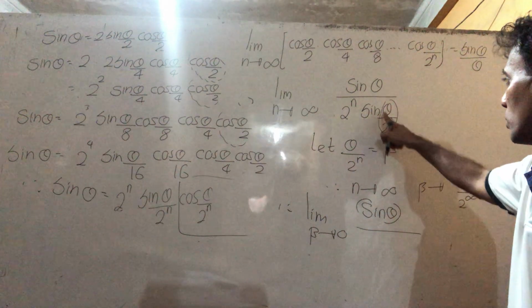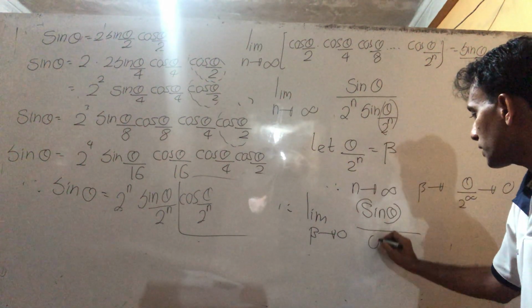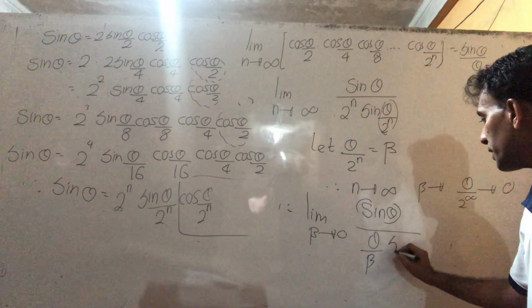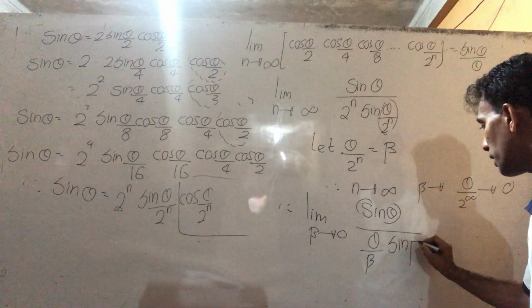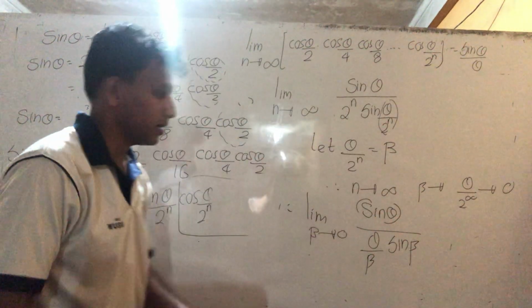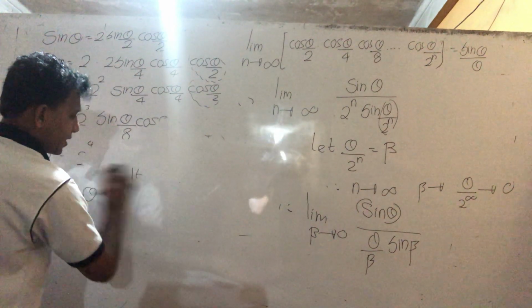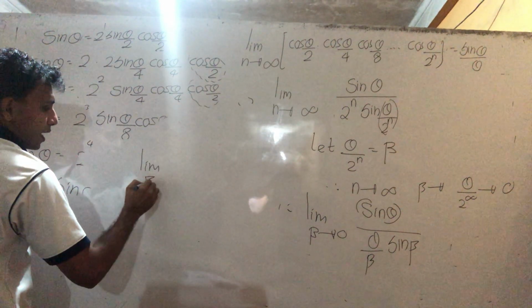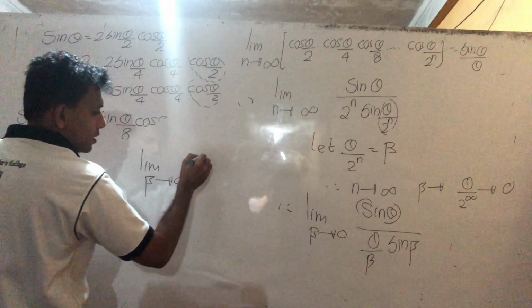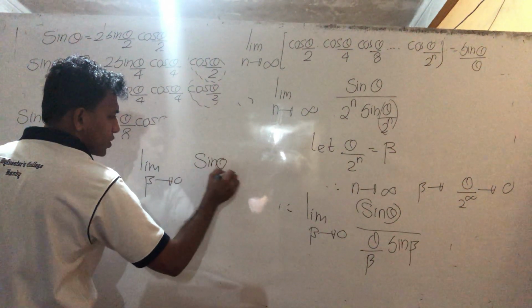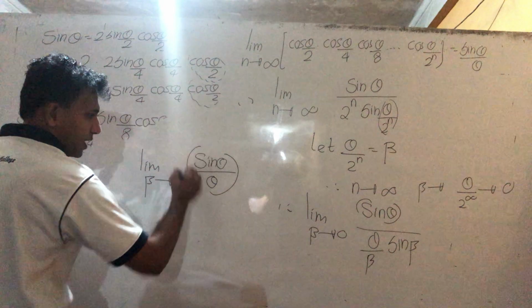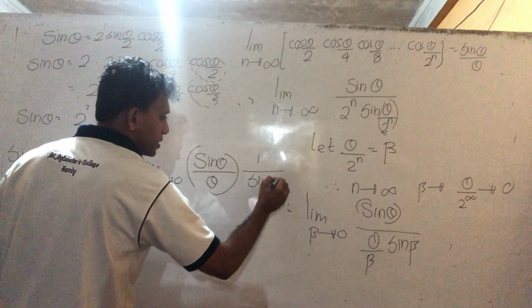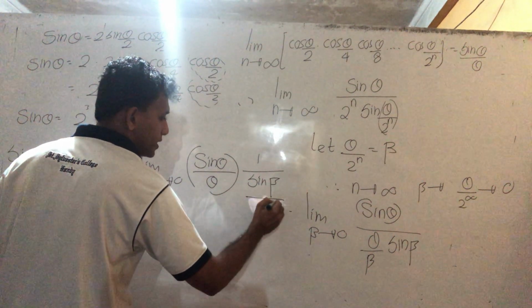So it becomes sine theta over theta times limit beta tends to 0 of 1 over sine beta over beta.